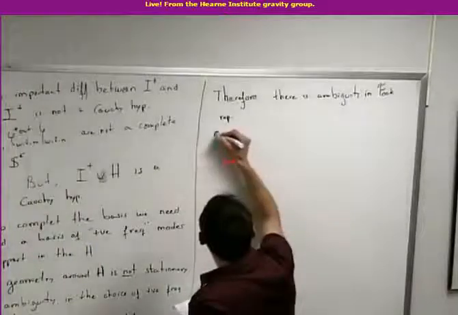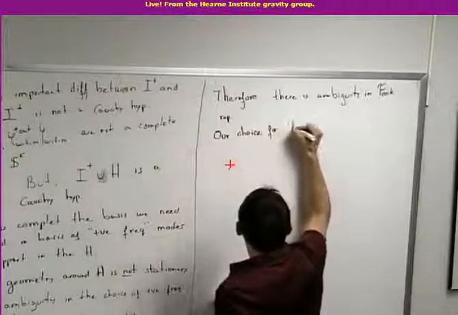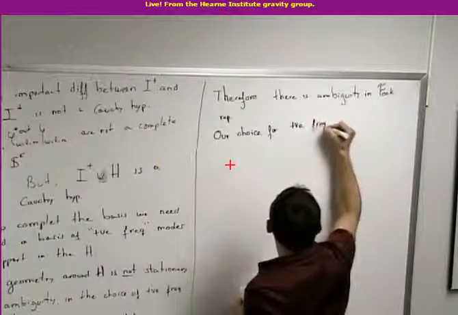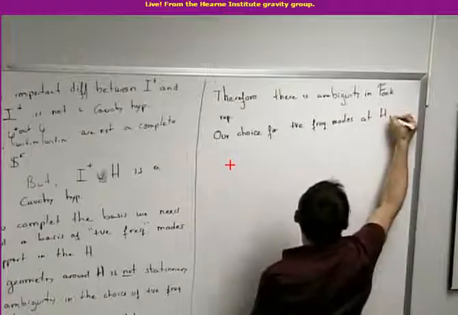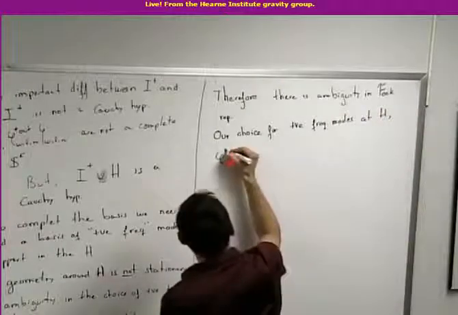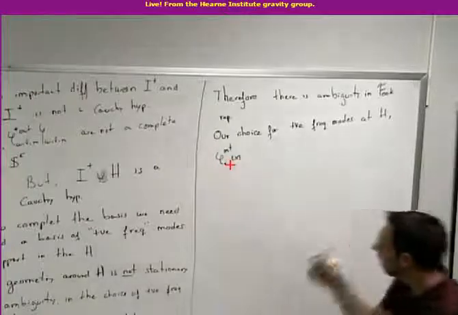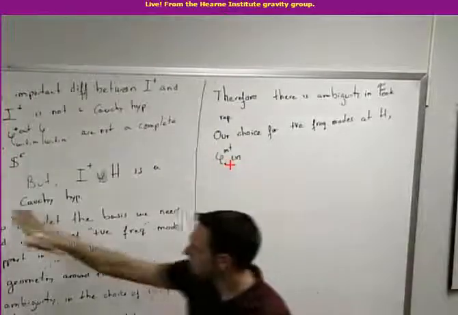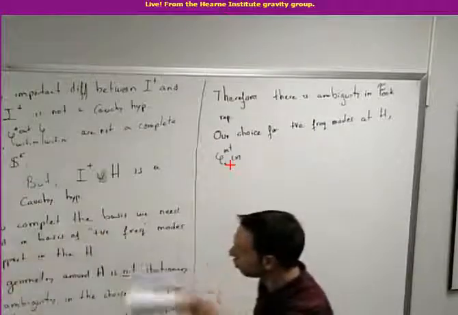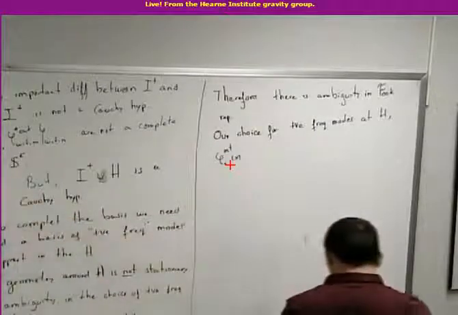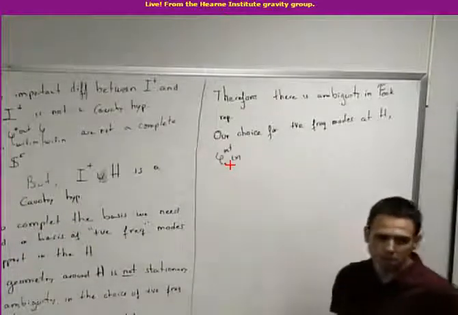So our choice for positive frequency modes at the horizon, I will call them phi int, where int stands for interior, because they are modes which are going to have support in the interior of the black hole, in contrast with out modes, which never had.